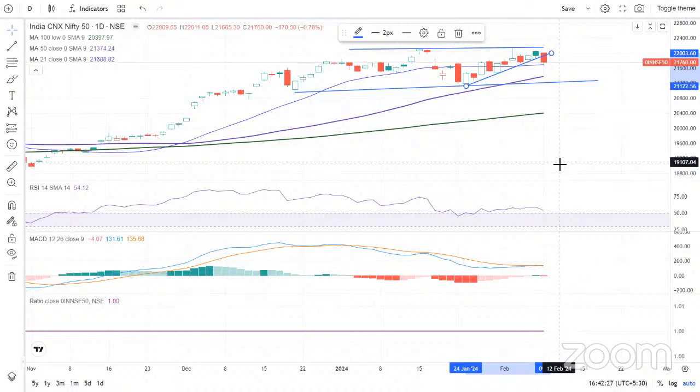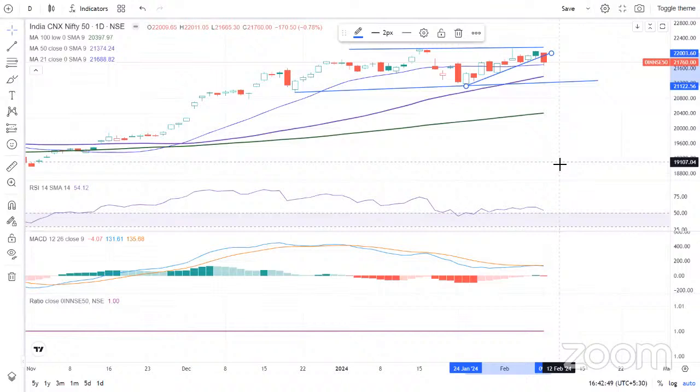But considering this upward sloping trend line breakdown, the overall structure, the current news, and the underperformance of Bank Nifty, I can say that maybe the market is ready to retest the level of 21,000 in coming days.